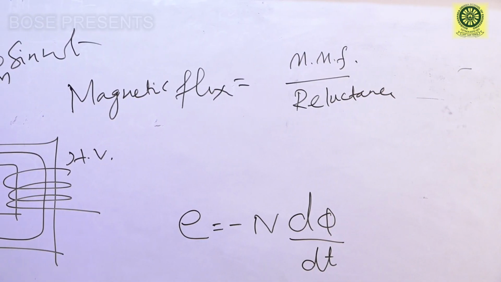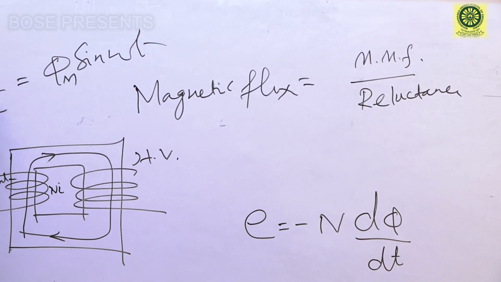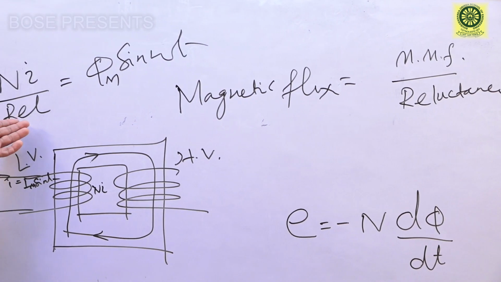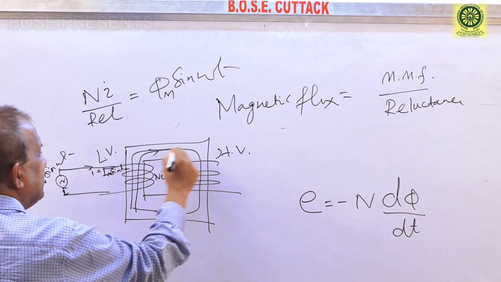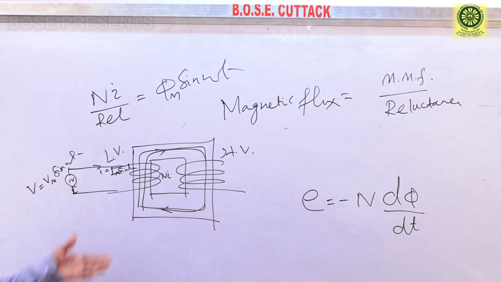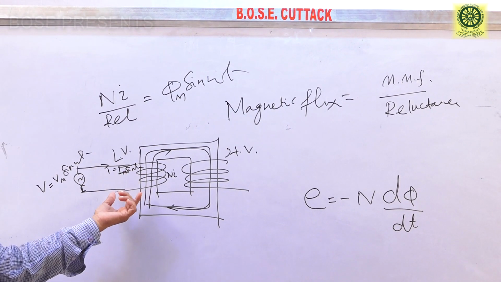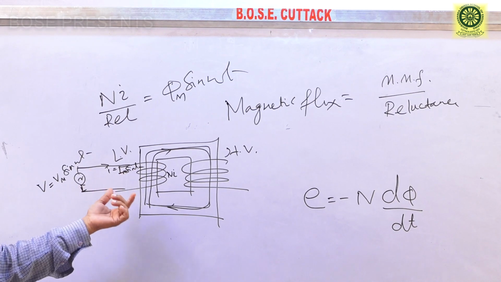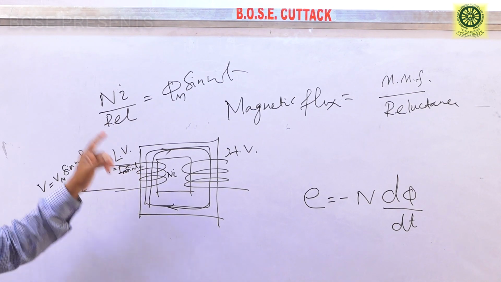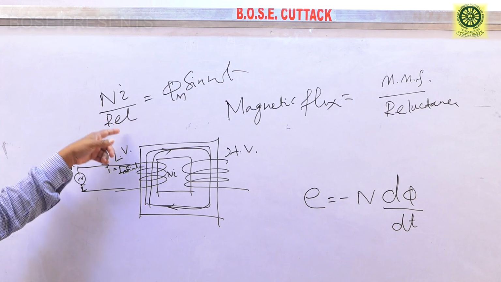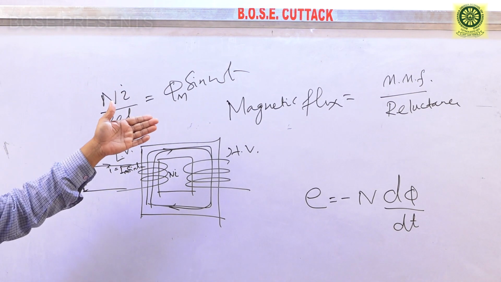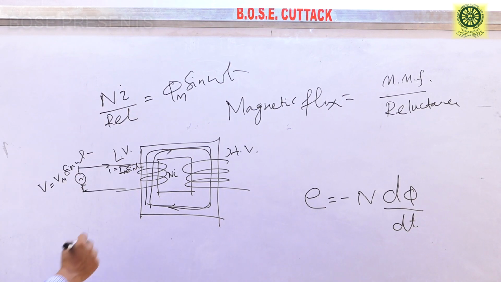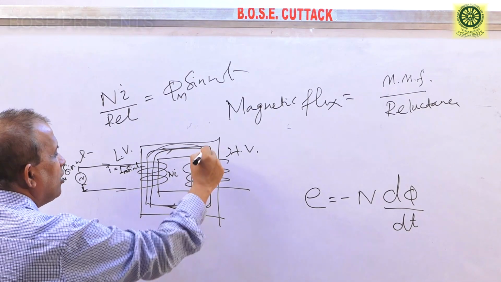Here Ni is the number of ampere turns, and the reluctance is given by L by mu A, where L is the mean length, mu is the permeability of the magnetic material used, and A is the area of cross section. From that we can calculate the reluctance of this path, and ampere turns by reluctance gives us the magnetic flux. Whenever this flux flows, remember, it is an alternating flux.